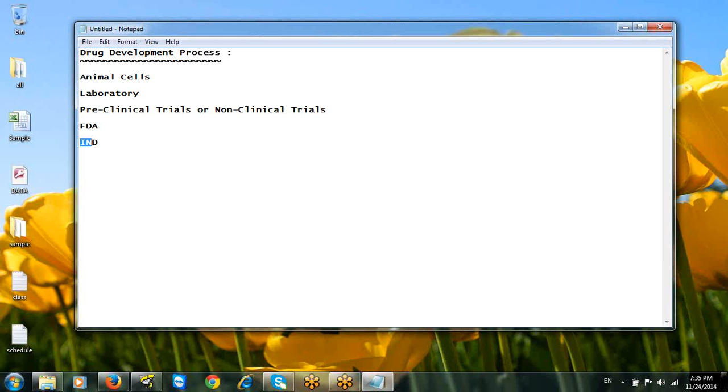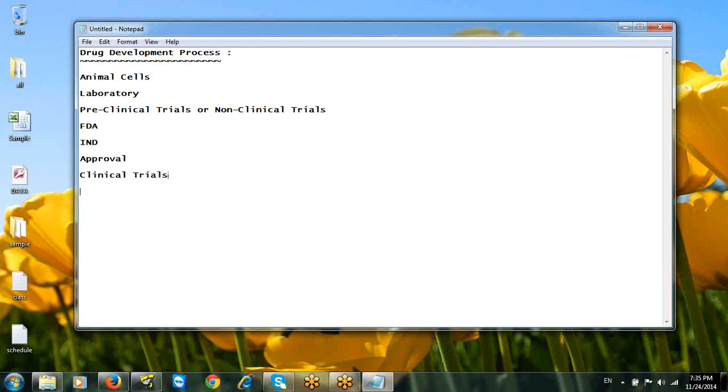If it is satisfied with the research work, it will give approval to conduct the clinical trials. Unless the pharmaceutical industry gets the approval from the FDA, it will not conduct the clinical trials. Once it gets the approval, it will proceed with the clinical trials.